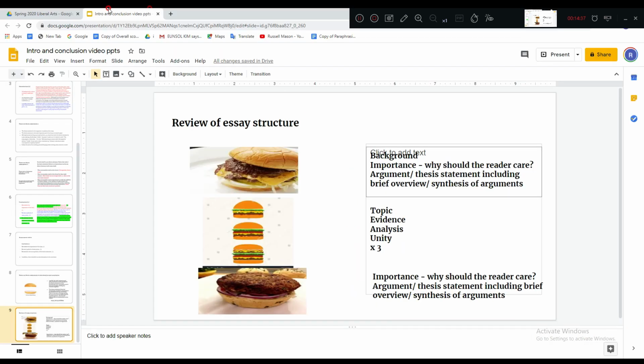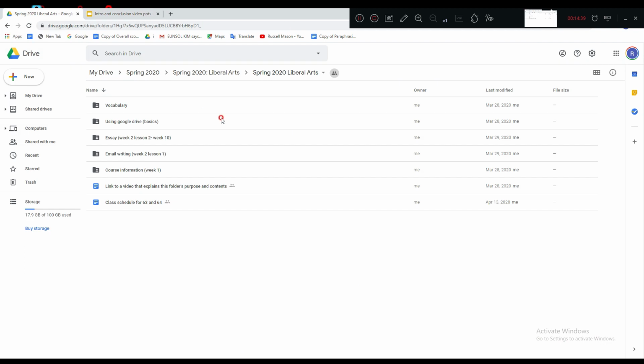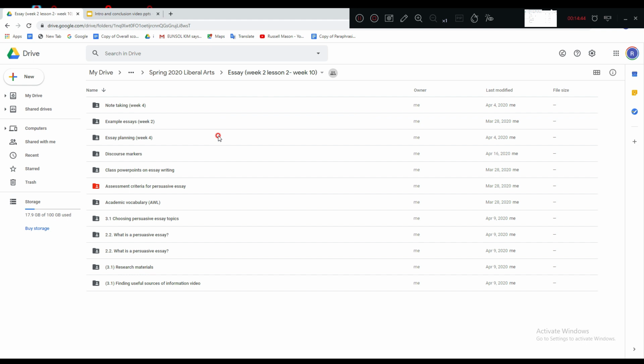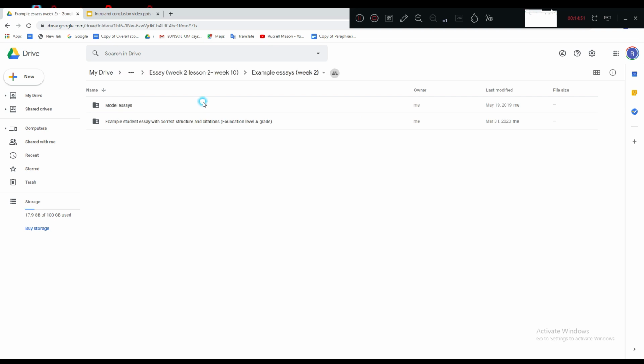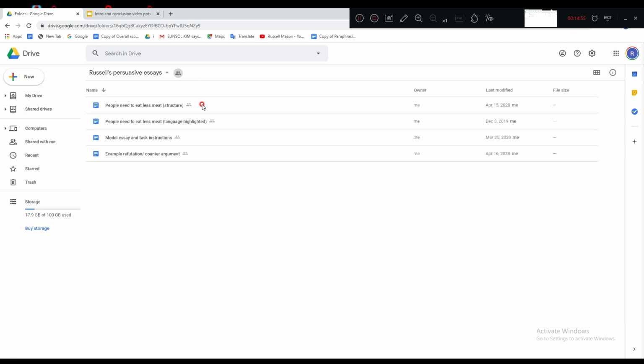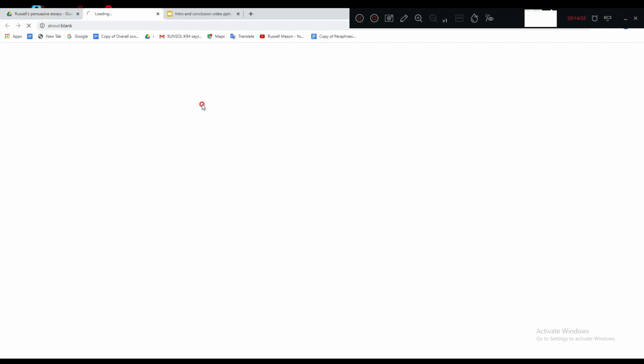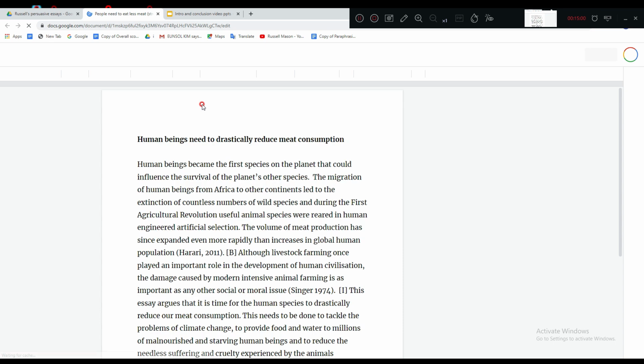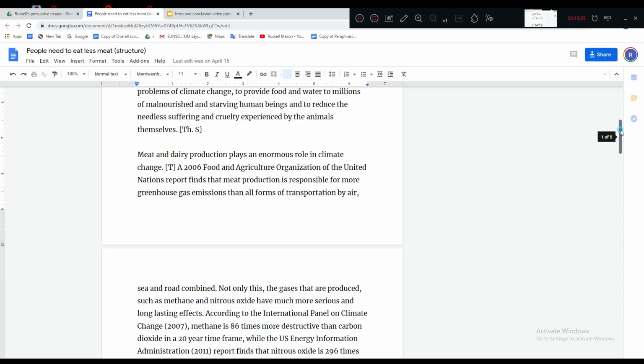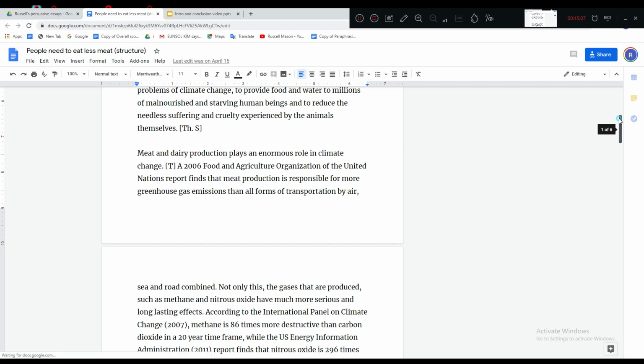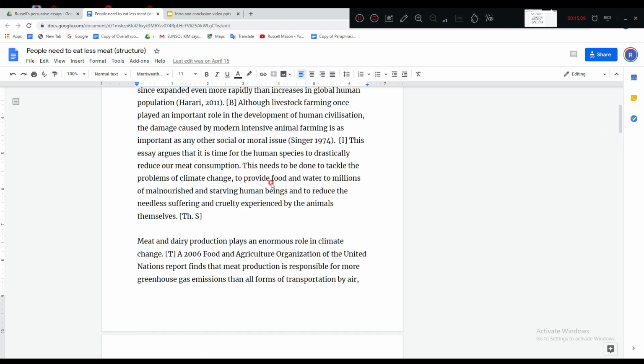Okay, so I want to show you briefly the example essay that I did, because I think it will help you if we just see the text one more time. So let's go into the model essays, and we're going to look at my essay and the one with structure highlighted. So I'm just going to highlight some sentences in the essay. So this is the thesis statement here.